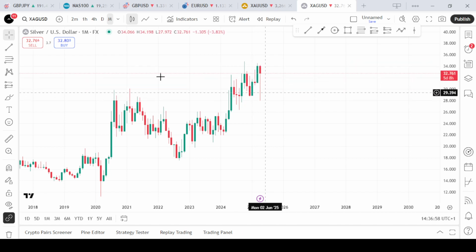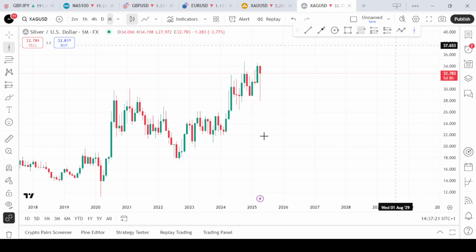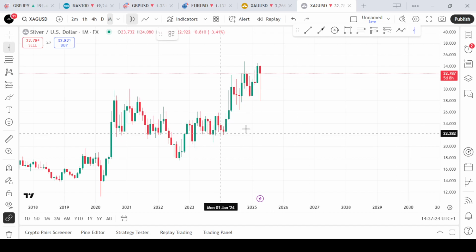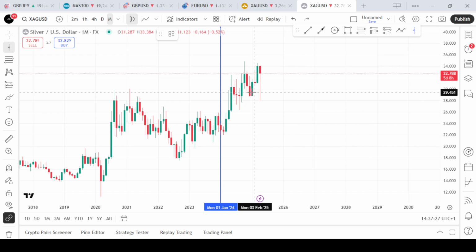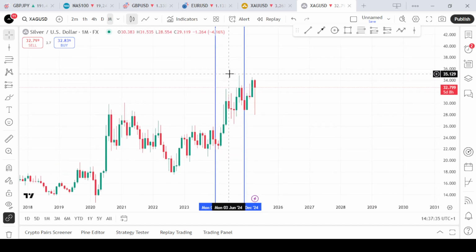Now, as you can calculate this for silver, let's calculate from December last year, the previous 12 months: 1, 2, 3, 4, 5, 6, 7, 8, 9, 10, 11, 12. And as we can see, from the beginning of last year to the end of last year, there was a rise in price.